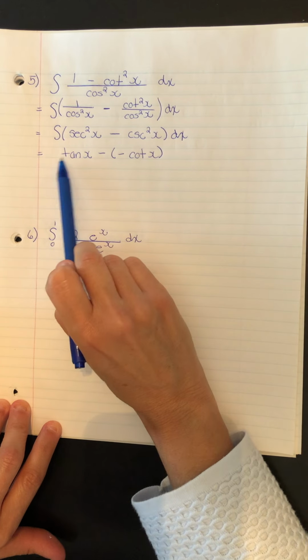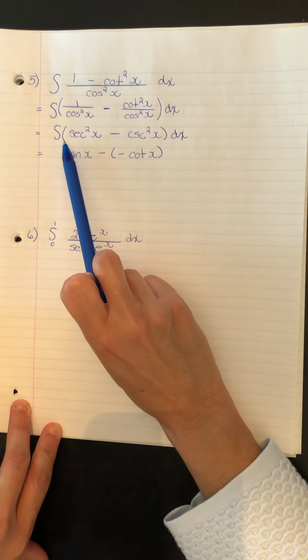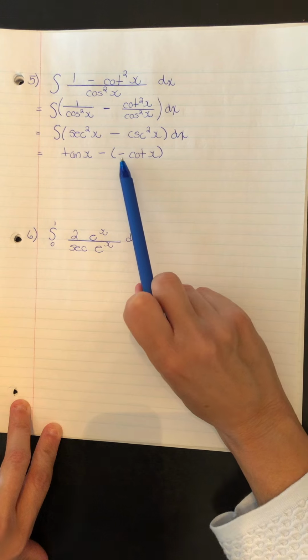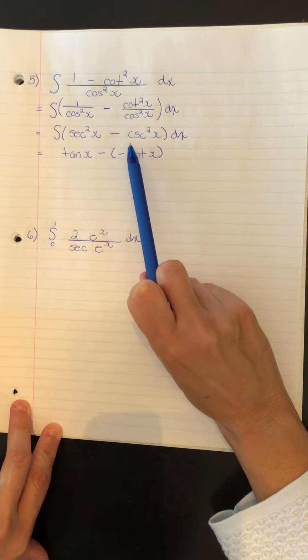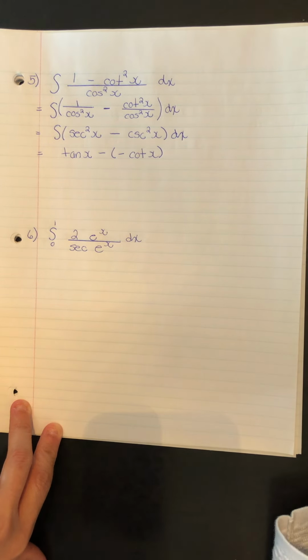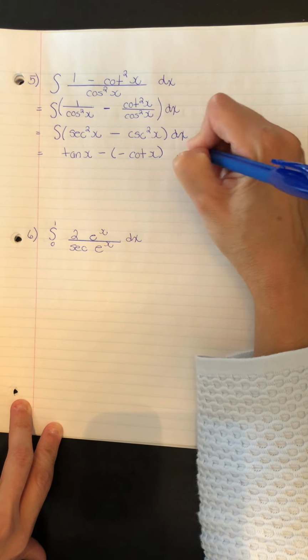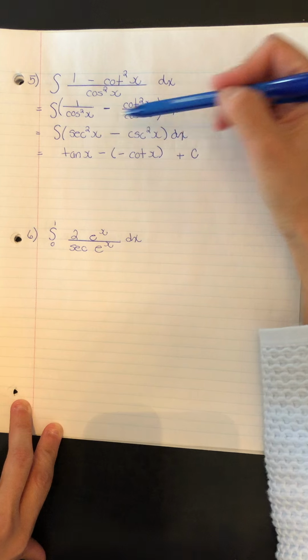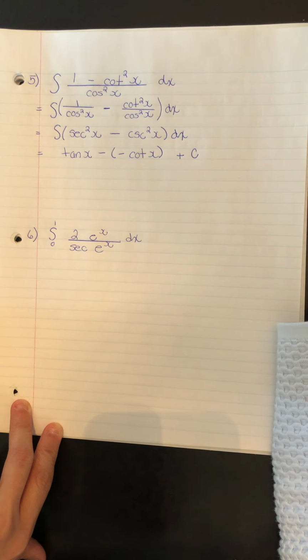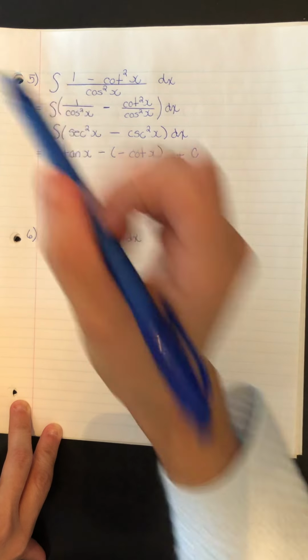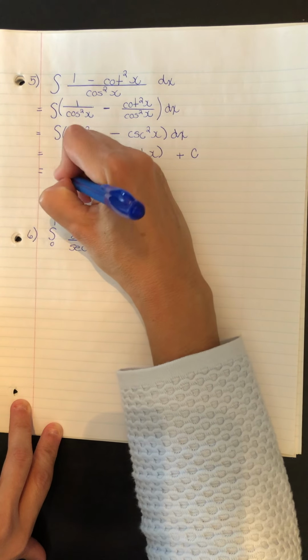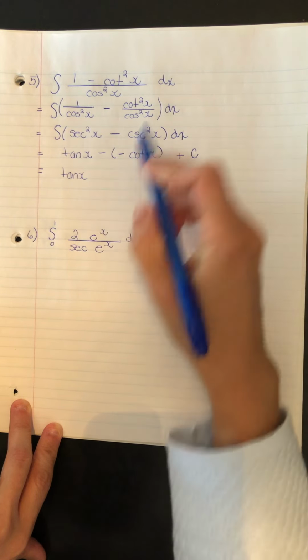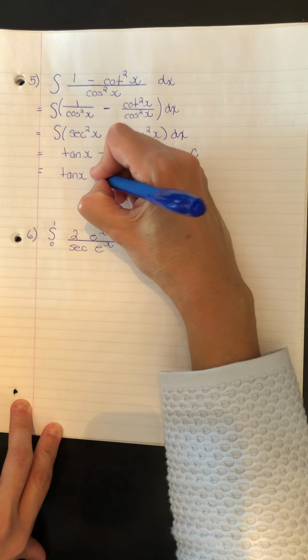So tangent of x is the integral of secant squared x, and negative cotangent x is the integral of cosecant squared x. This will be plus c. The arguments have a derivative of 1, so there is no factor out front except for 1, and in the final answer, of course, we would change this to addition.